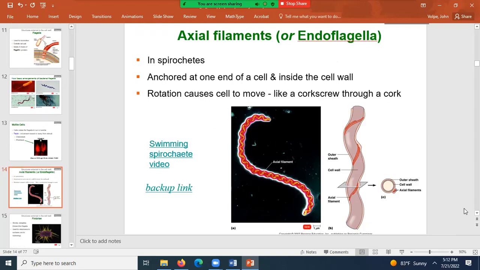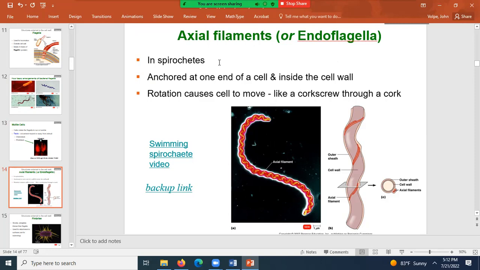Now there's another type of movement caused by axial filaments, a special flagella that we call an endoflagella or an axial filament. It's only found in spirochetes.